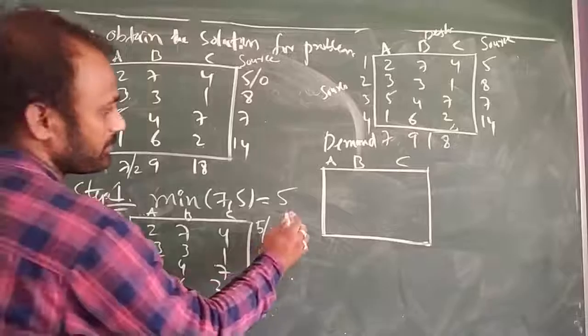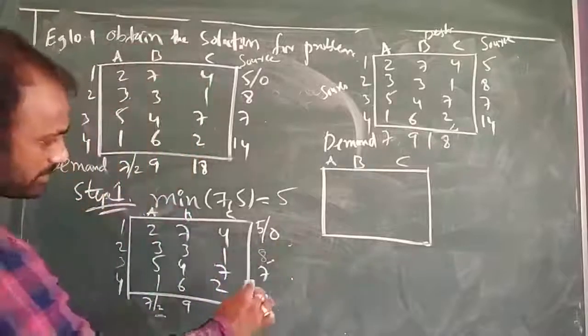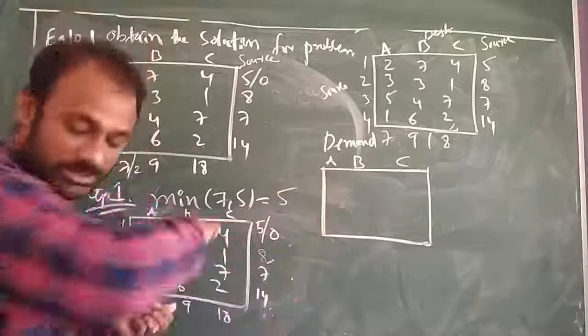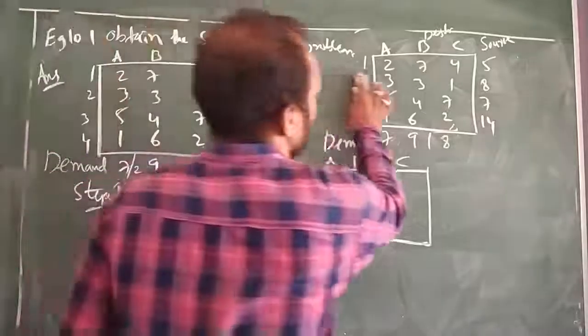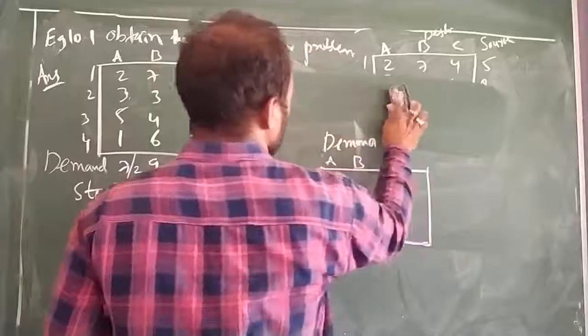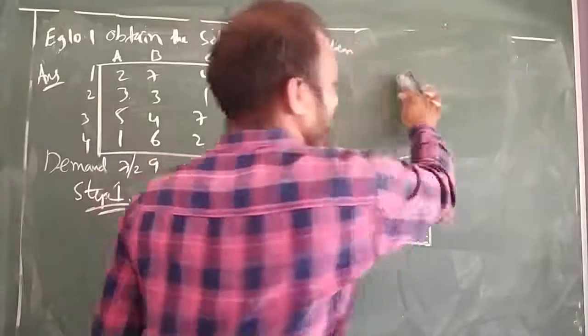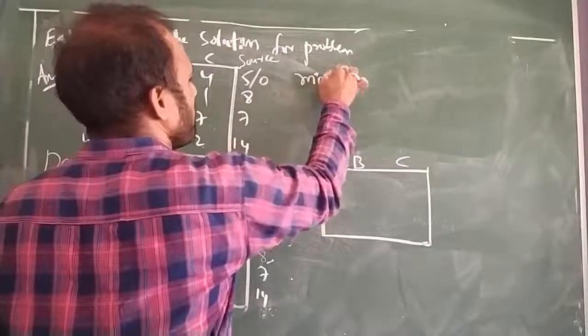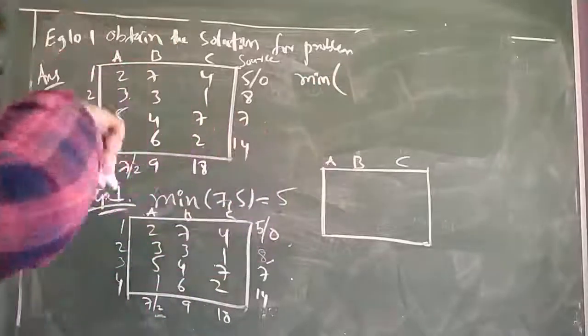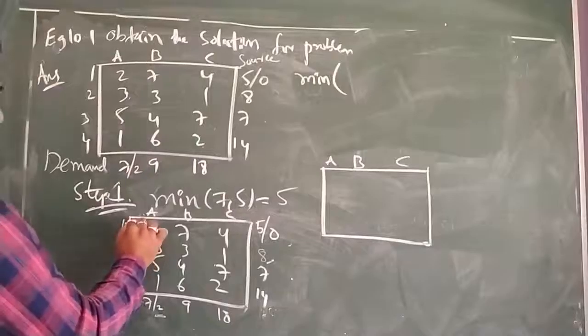Between 2 and 8, we have to write the next step. Before that, let me write the question. Minimum of, so I can write here 5.